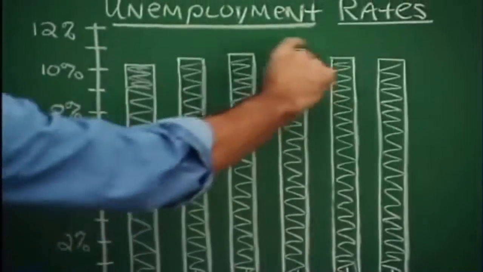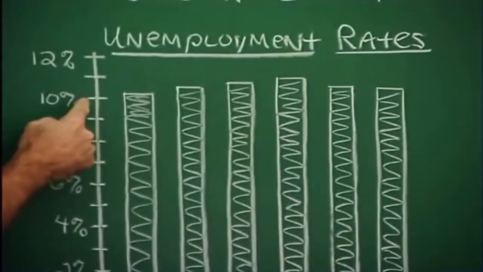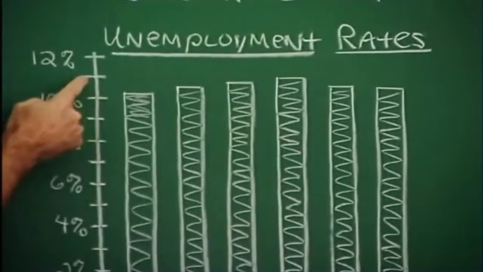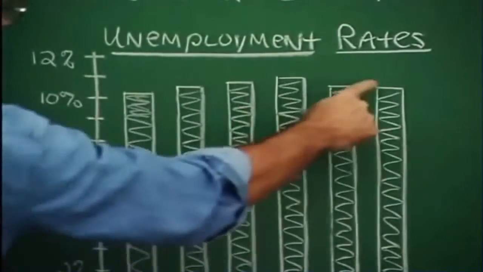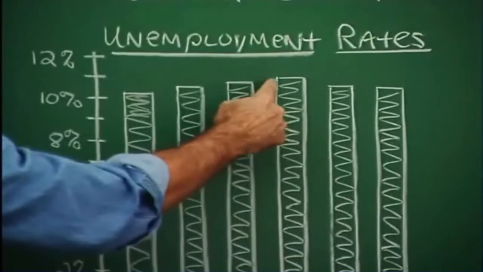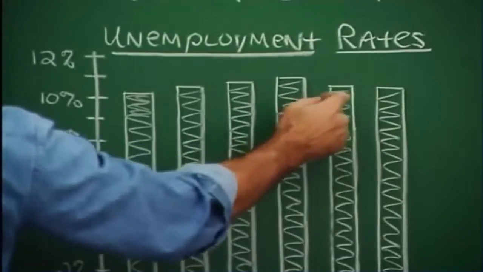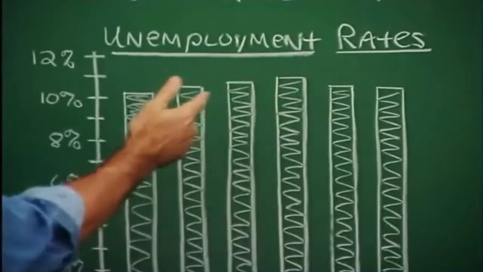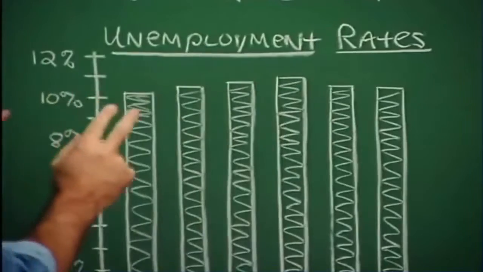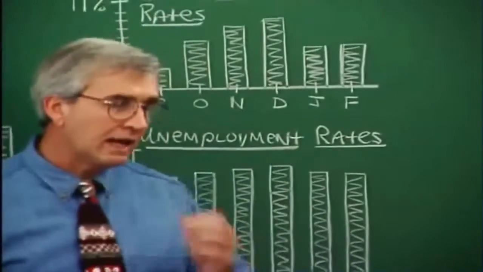In reading and interpreting this, at the top of the graph, we're noticing that the unemployment rates are between 10% and 11%, and they don't fluctuate a great deal. The unemployment rises a little bit in this particular month, which happens to be December, and then falls back down in these two months, but it's not a big deal. However, it is possible to restructure this so that it's rather misleading.